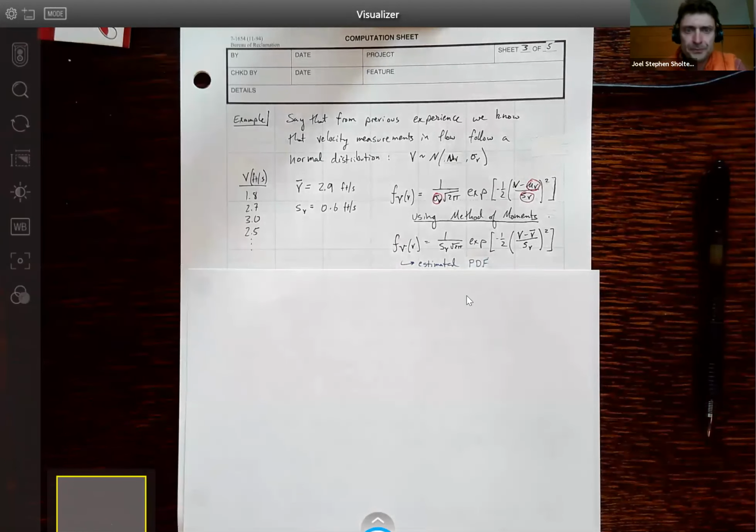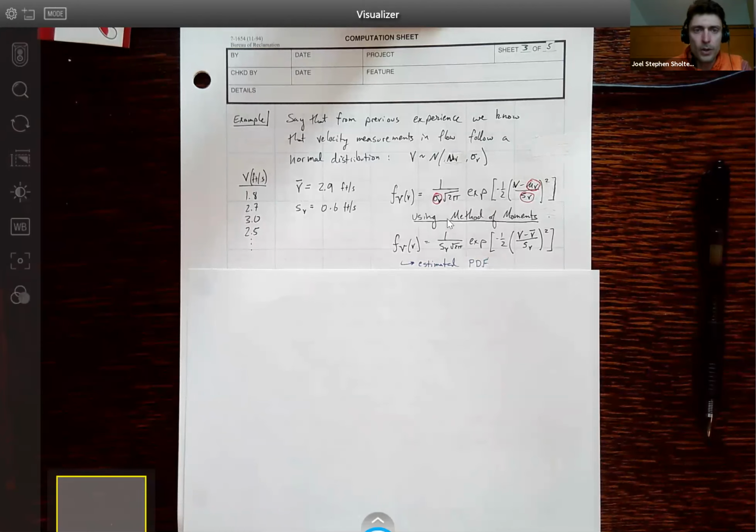There we go. If we look at our normal distribution, it's going to be 1 over sigma square root of 2 pi, e to the -1/2, and this is v minus mean v over the standard deviation, squared. So this is our normal distribution. And using the method of moments, we simply can plug in S for sigma and v bar for mu v, and same for down here.